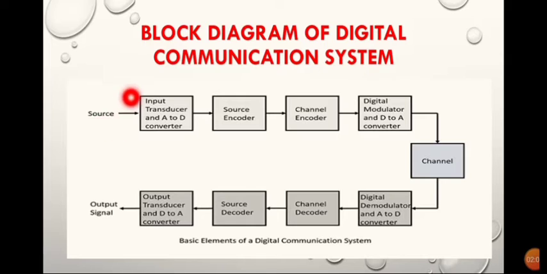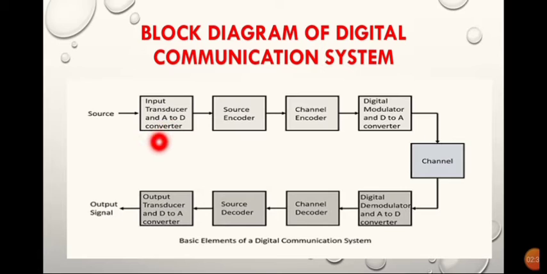So let us start the explanation with the transmitter. Here we have the source, that is the source of the signal that we want to communicate from one place to another place. That information is applied to the first block, and the first block is the input transducer. What do you mean by transducer? Transducer means it transfers some non-electrical parameter to the electrical one. That means a non-electrical signal to an electrical signal.